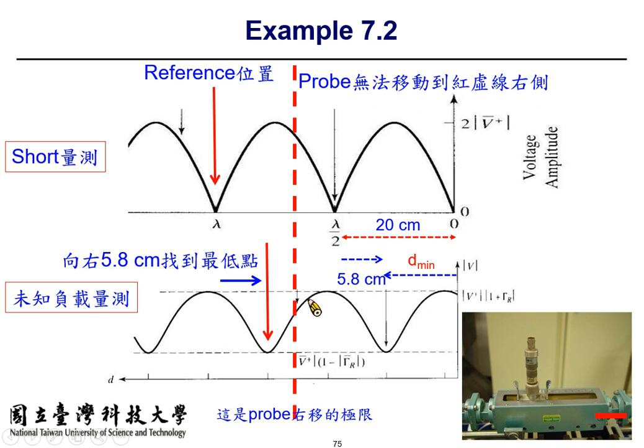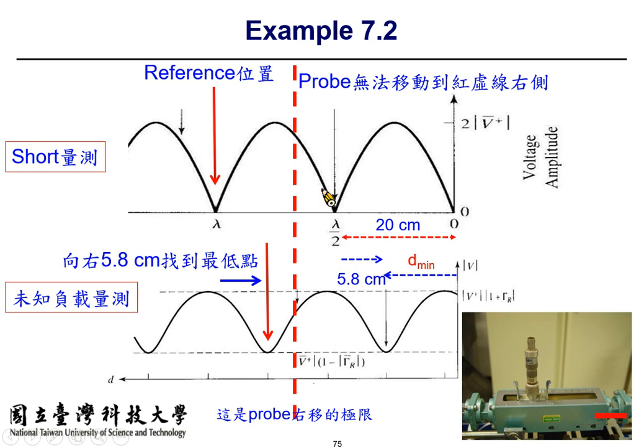So that's how I try to explain why the D minimum value is 14.2, graphically using this graph. You can check this yourself, because of the limit in the moving range of the probe.